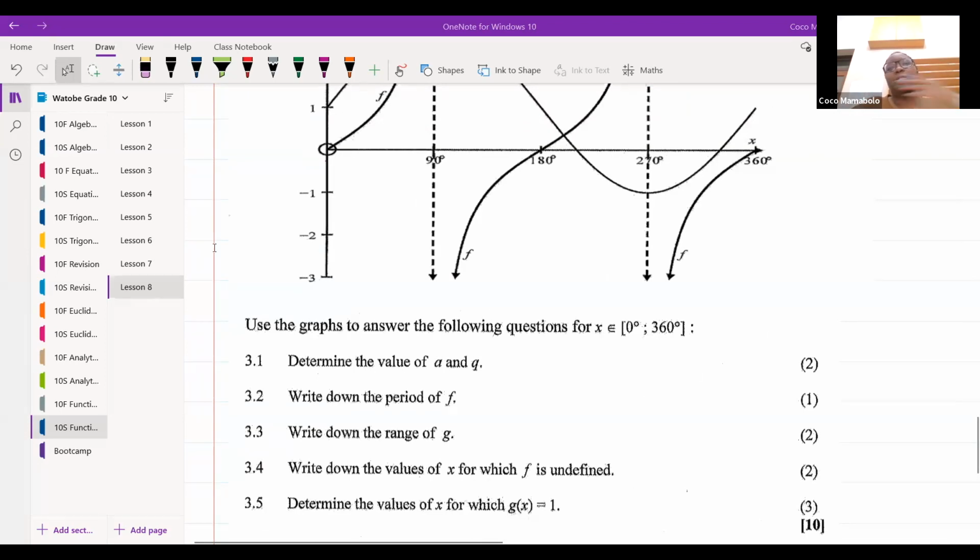Yes, Jasmine. Which lesson was with the mother graph? It was last week, Wednesday, where we spoke about the mother graphs. And then on Monday, we spoke about them again, just to make sure that we understood everything.